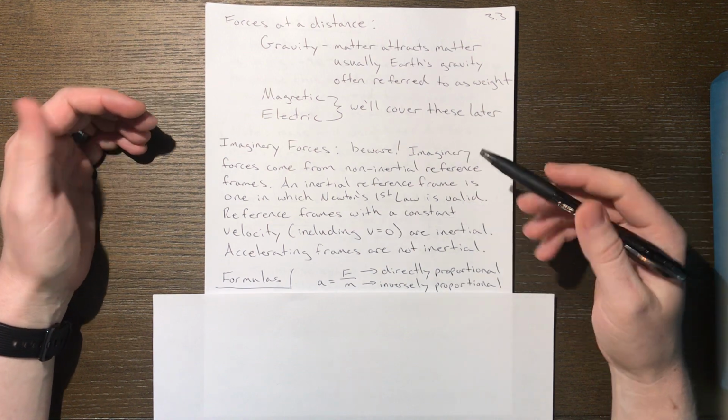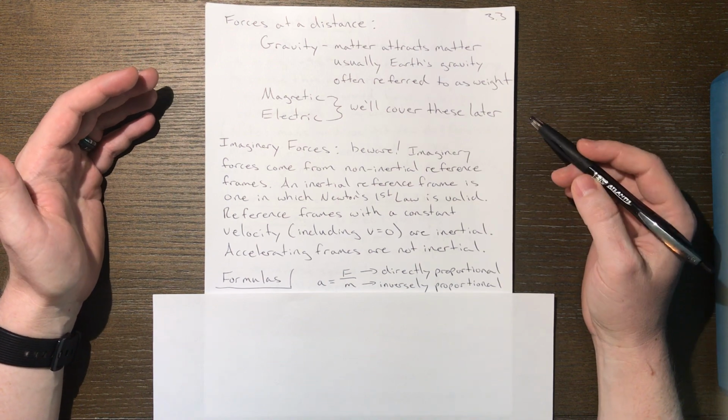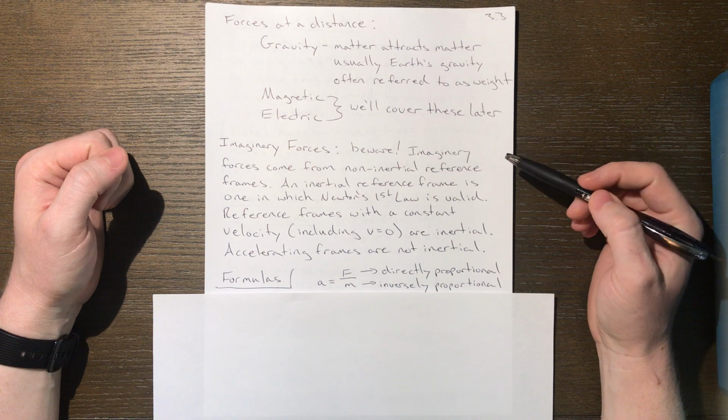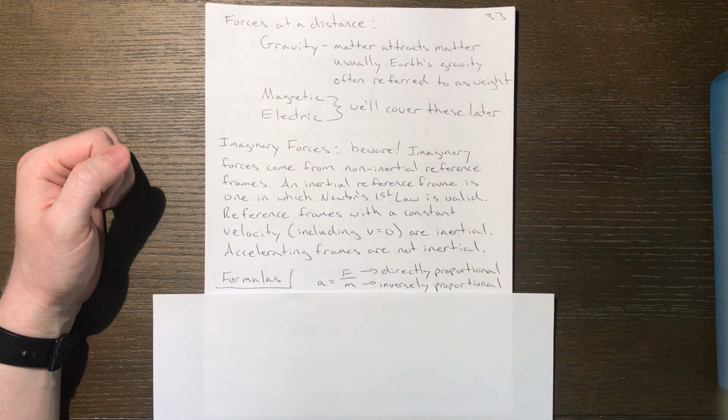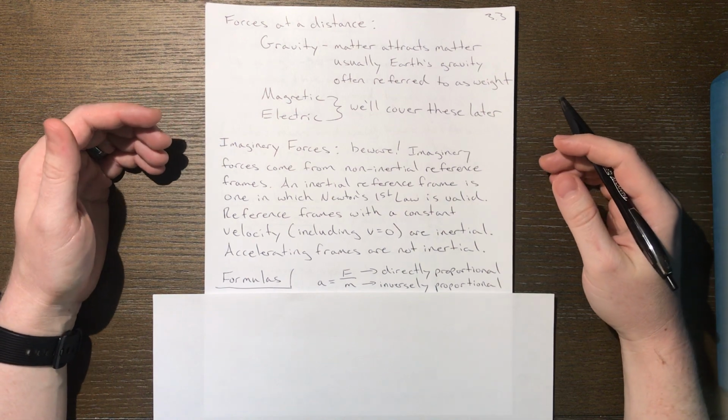And we will talk about them throughout this whole semester. We will see what types of variables are proportional or inversely proportional to each other. It's sort of a fundamental relationship between them.